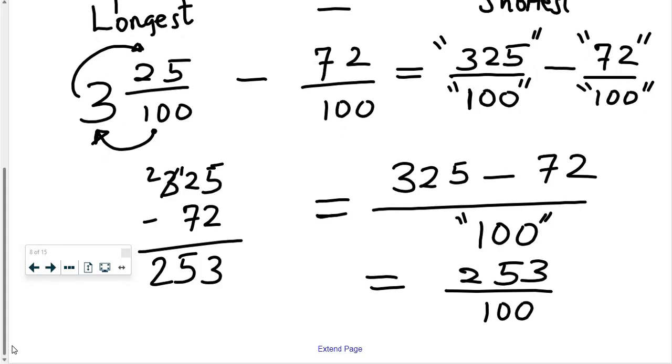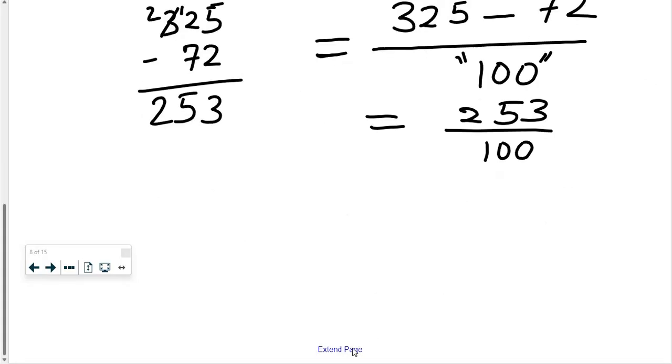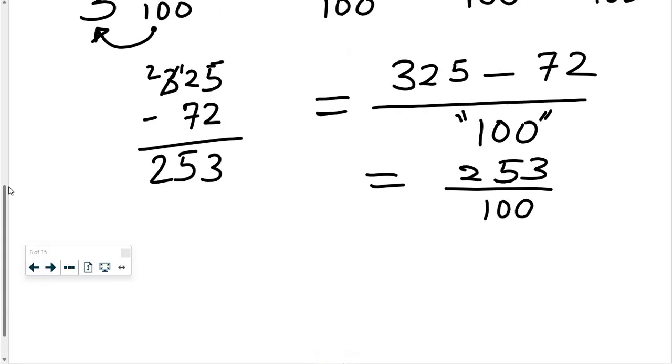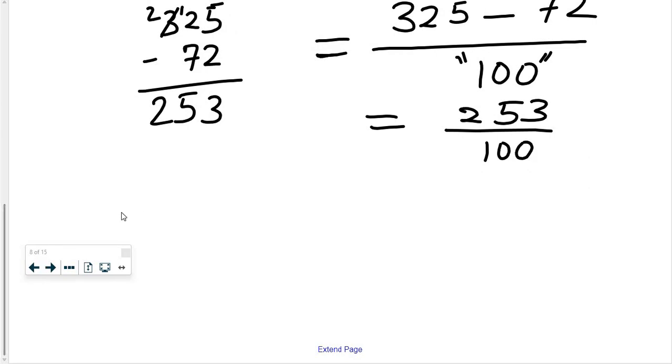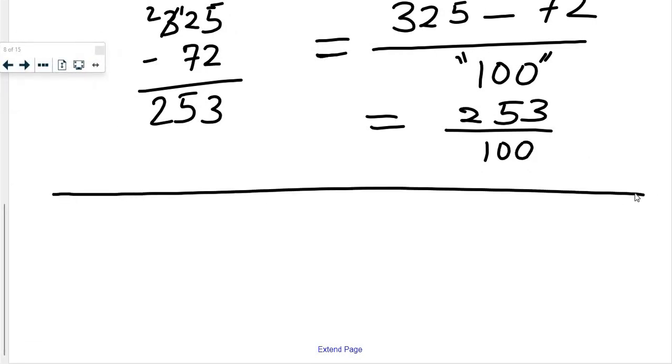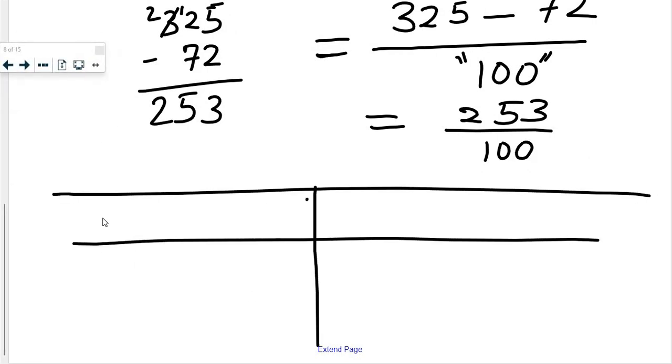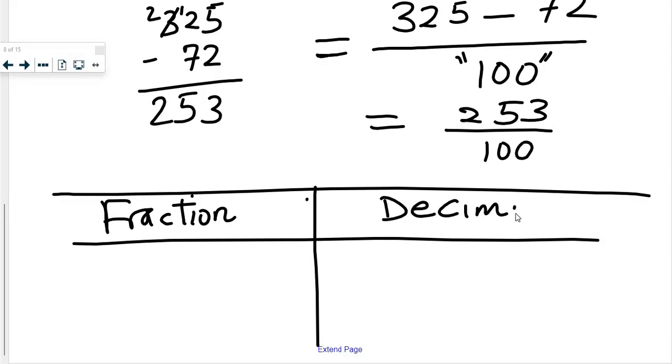Right? Now, the question says, write the answer as a fraction as well as a decimal. So, this one here will be a section for fraction, and this one will be a section for a decimal.